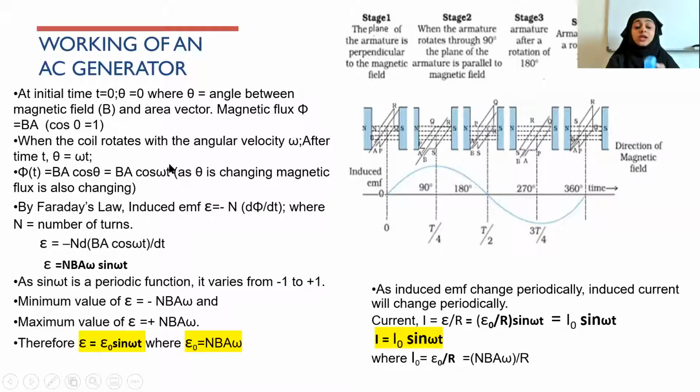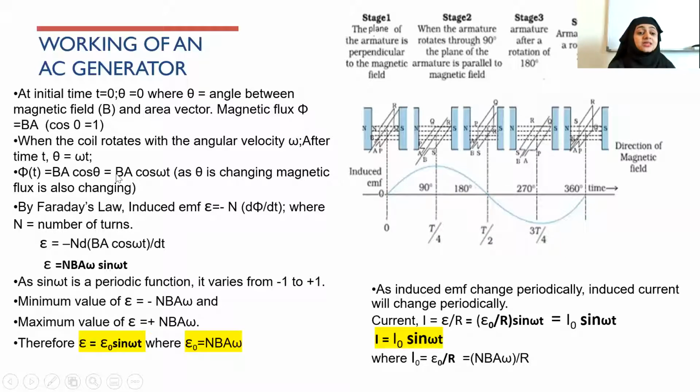So when the coil rotates, after some time, the coil is rotating, right? So after some time, if theta is the angle between the area vector and the magnetic field, then theta will be equal to omega t. So in magnetic flux, BA cos theta, instead of theta, we are substituting omega t.